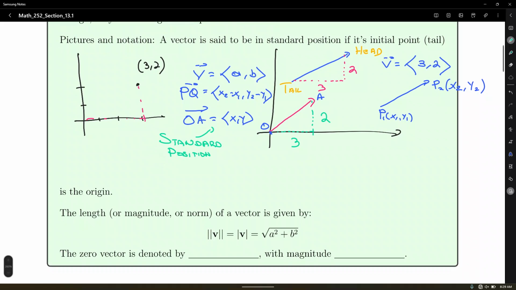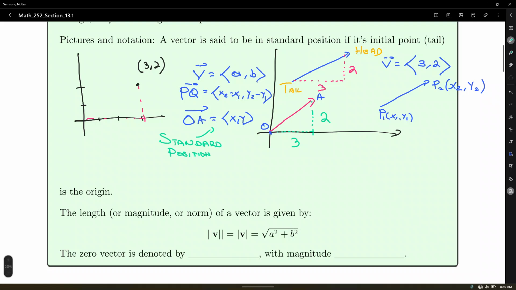So what else about vectors? We were talking about the magnitude of a vector. I mean, the magnitude or the length or also the norm. Those of you who were in linear algebra, you learned about the word norm. That's the same as saying the magnitude of a vector or the length. Does that formula look familiar? It looks a lot like the Pythagorean theorem.